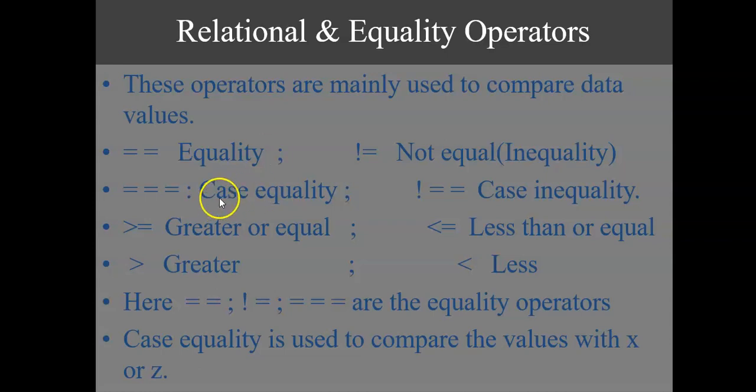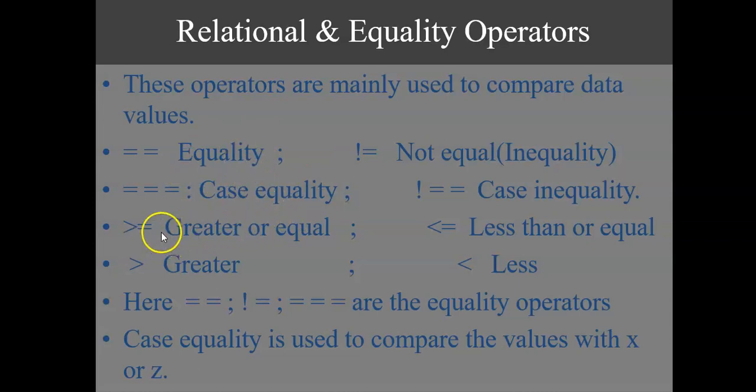Whereas case equality will work with x and z also, along with the logic 0 and 1. That means even if it is 110x and 110x, this case equality can find whether they are equal or not. This is the basic difference between case equality and equality.